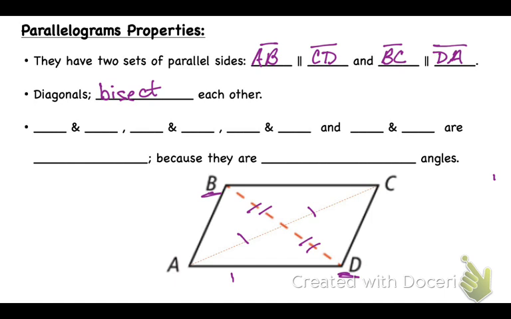Okay. So I'm going to start you off with angle A and angle B. What's their relationship? They're consecutive angles. A and B. And then I'm going to put B and C. They're supplementary.